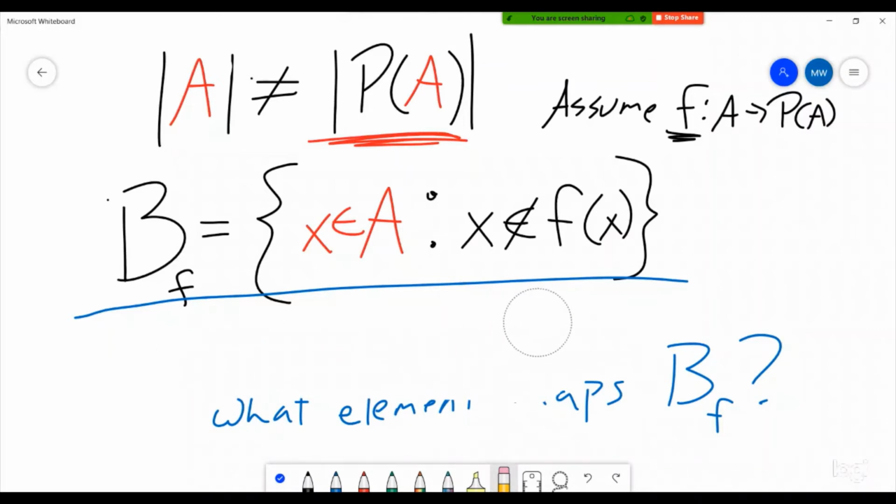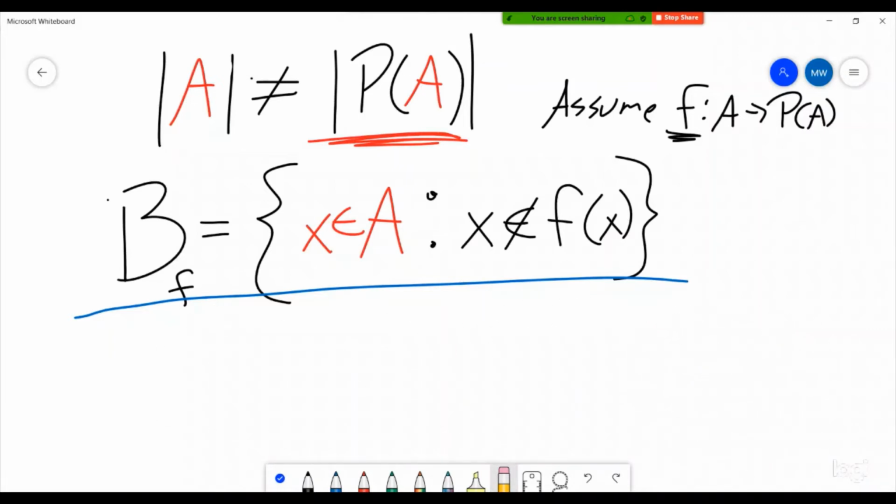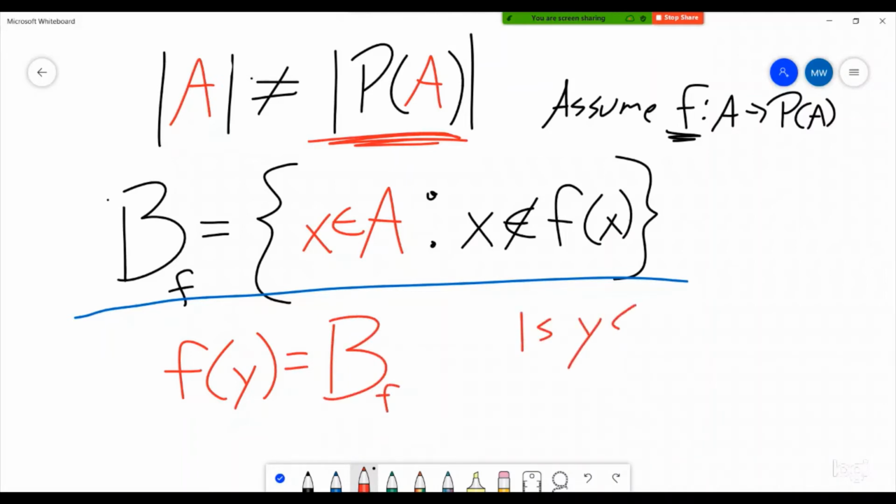So if we start by looking to see what would happen if, let's say, f of y is equal to the Barber set, is y an element of the Barber set? Is it possible for y to be in the Barber set?